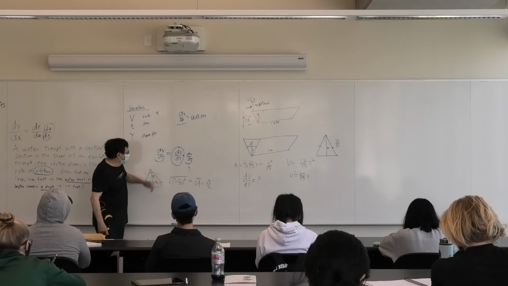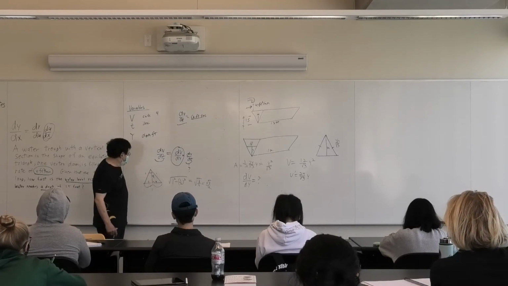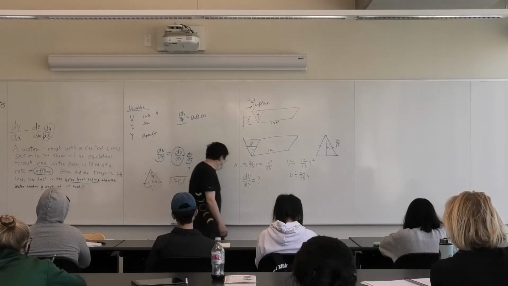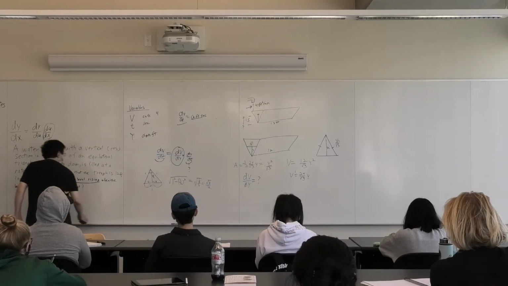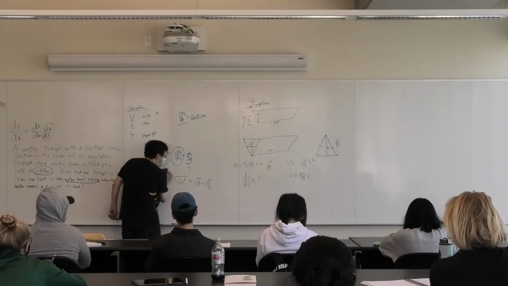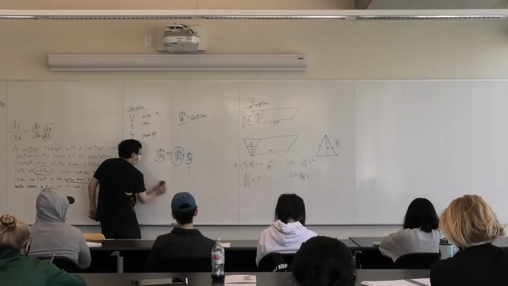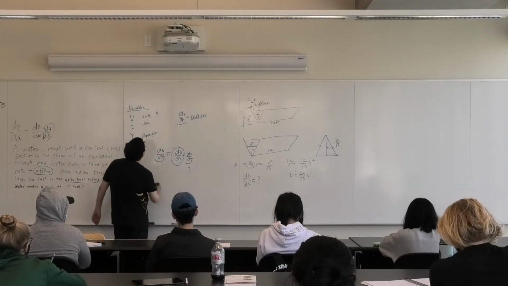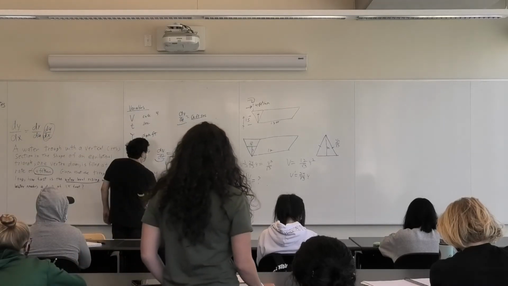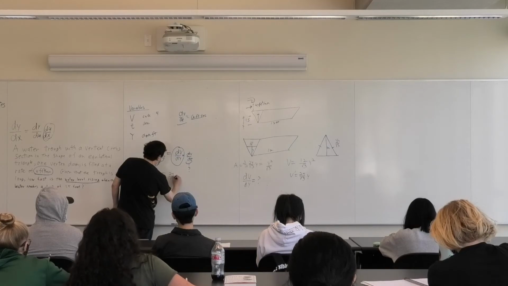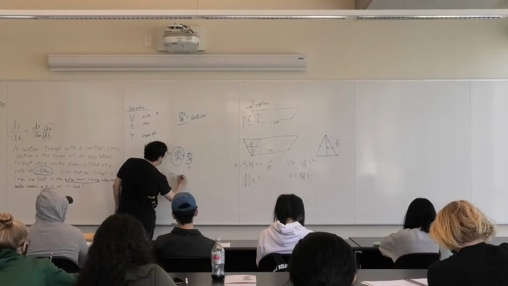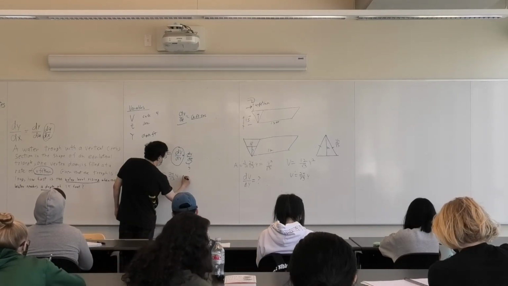So we plug this in here, and what do we end up with? We have 4 equals 24 over the square root of 3 y times our unknown.